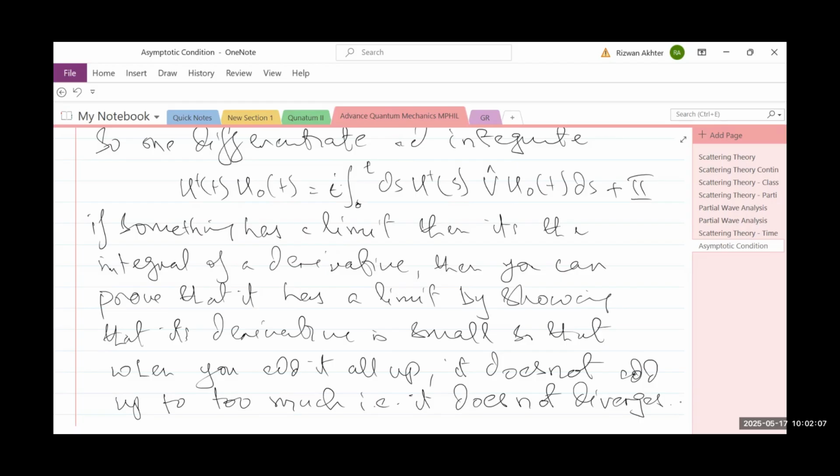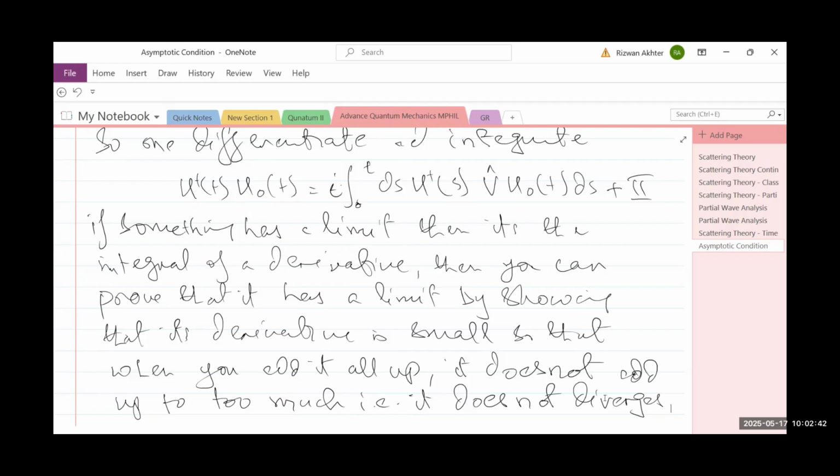But if you add up to a value which is too much, then it diverges. So it does not have a singular solution. That is something about singularity. If it does not have a limit, it means that when you add those derivatives you get a very large value, which is the same as diverging. It does not converge.